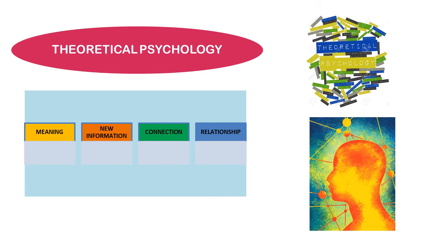All these examples deal with finding out new information, connection, and relationship between an individual and his environment. It deals with theorizing about individual responses, and is called the theoretical branch of psychology. Let's look at some of the branches of psychology that we will be studying in this chapter.